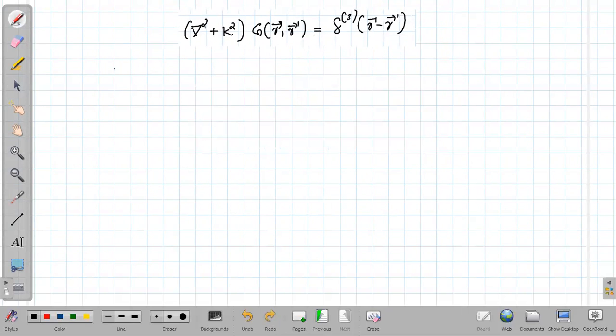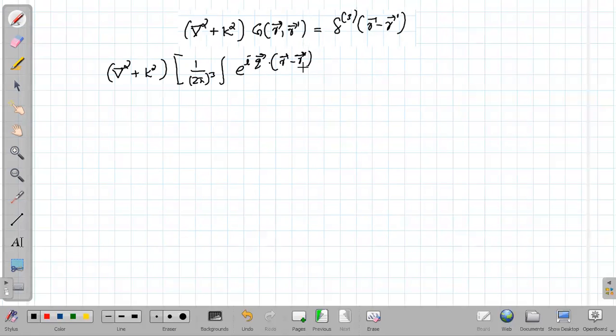So del square plus k square, and the Green's function is 1 by 2 pi cube integral exponential i q dot r minus r prime, g tilde of q, d cube q, equal 1 by 2 pi cube integral e raised to i q dot r minus r prime d cube q.